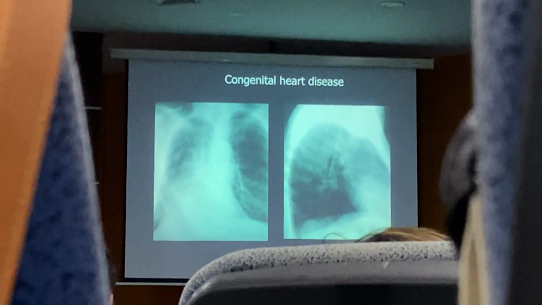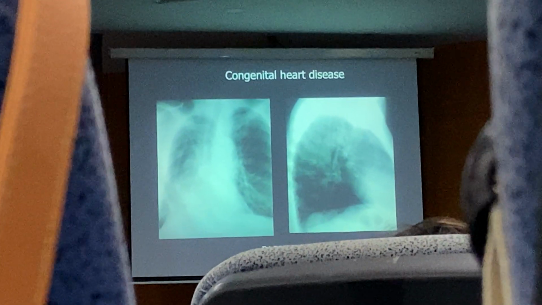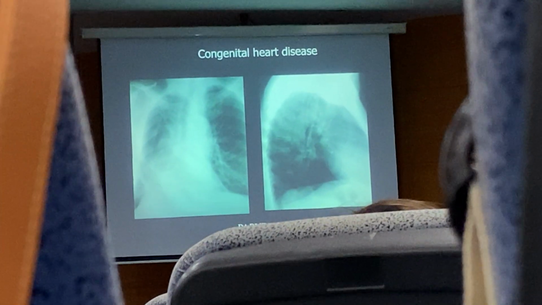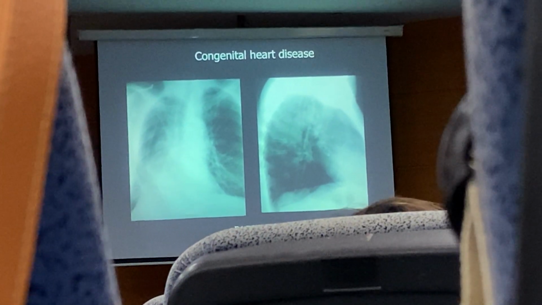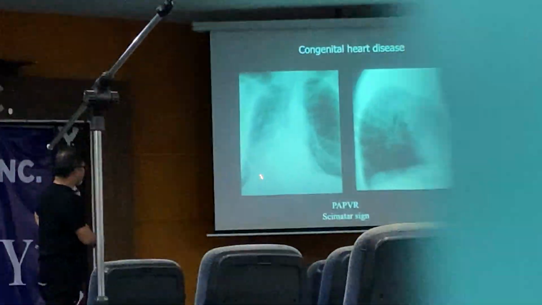I used to do a transarterial angiogram, that was 20 years back when the CT angio was not yet available. So you try to cannulate, you do an aortogram and then look for this anomalous vein.